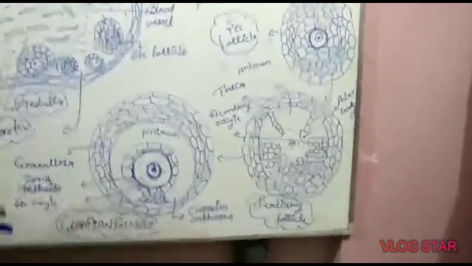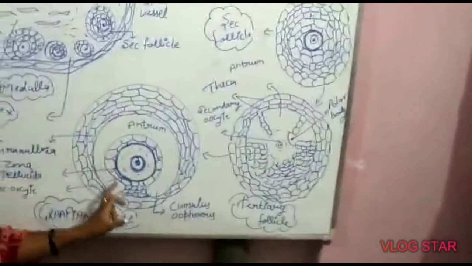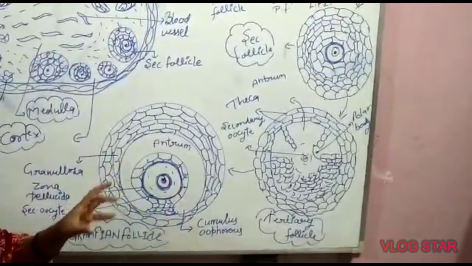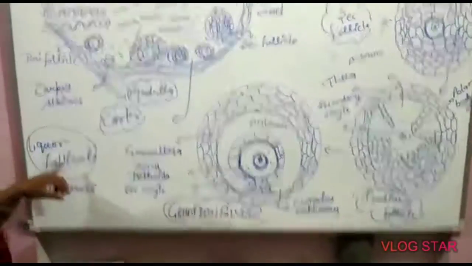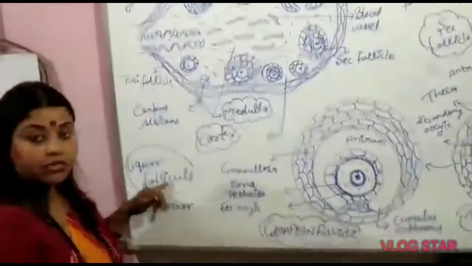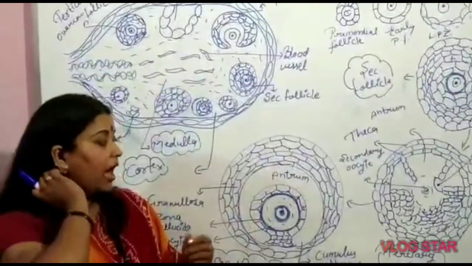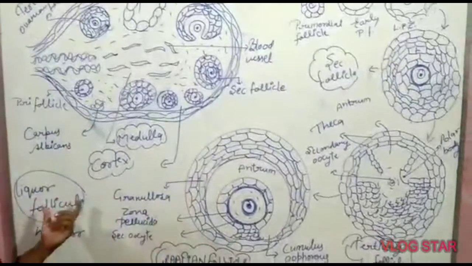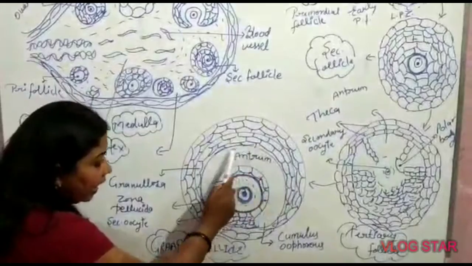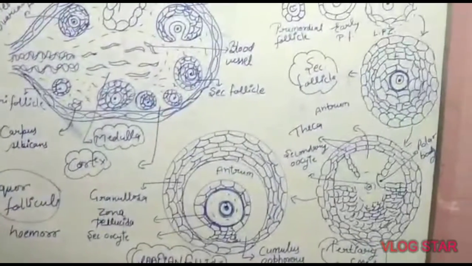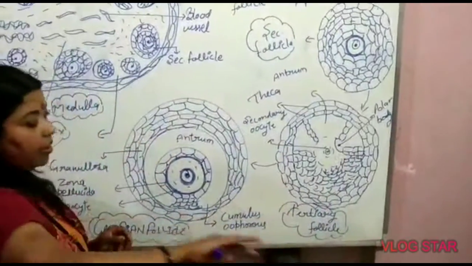This liquid creates a cavity that is called the antrum. The antrum is a cavity formed inside the follicle by the secretion of the liquor folliculi. Clear? Due to the formation of the antrum, the secondary oocyte is shifted to one side.